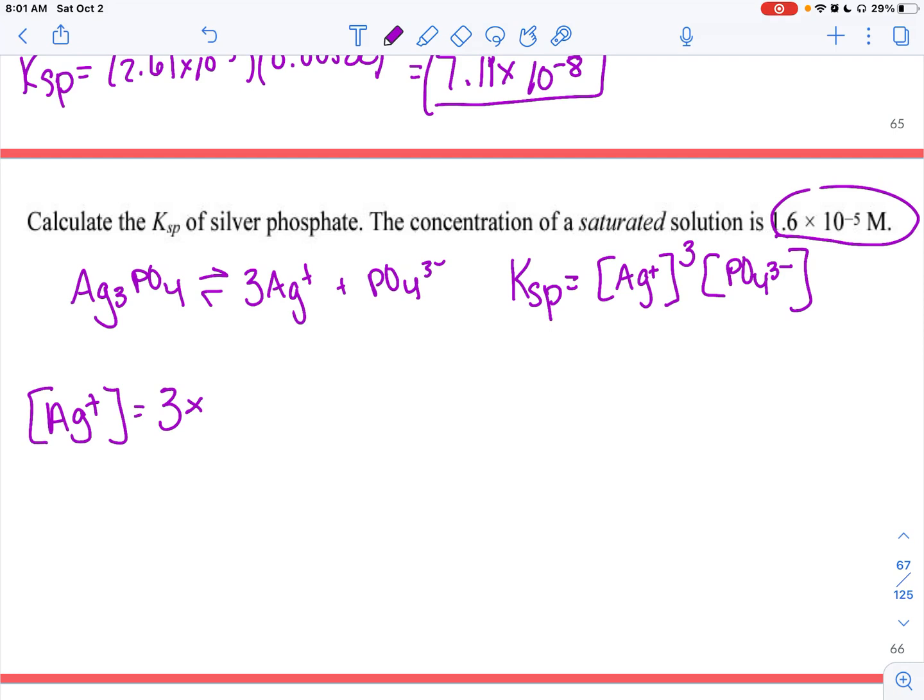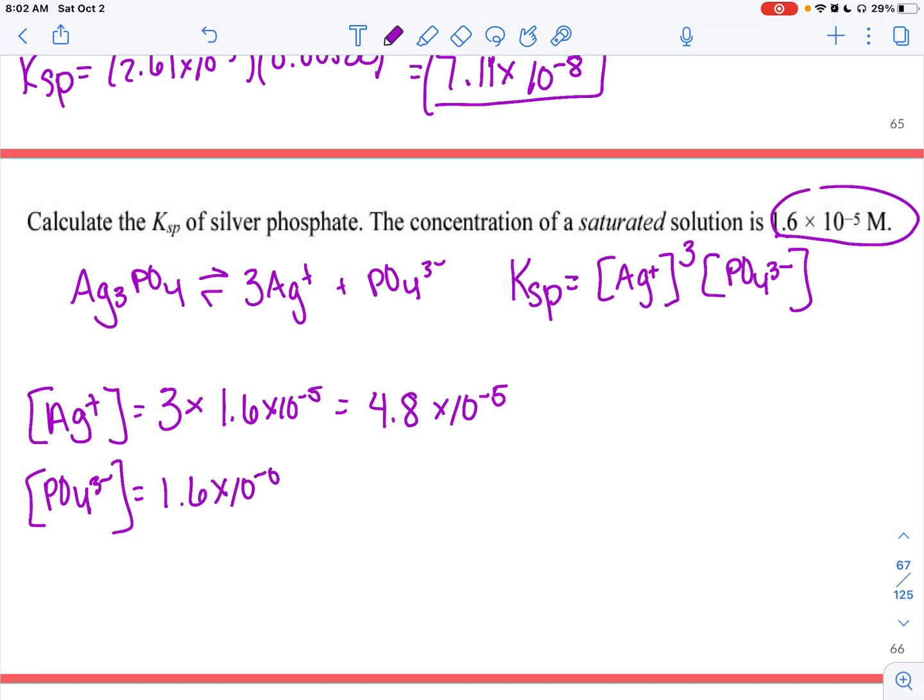So that comes out to be 4.8 times 10 to the negative 5 for our concentration of Ag plus. Our concentration of PO4 is just the same. We don't have to do anything because the precipitate and PO4 have a 1-to-1 ratio.